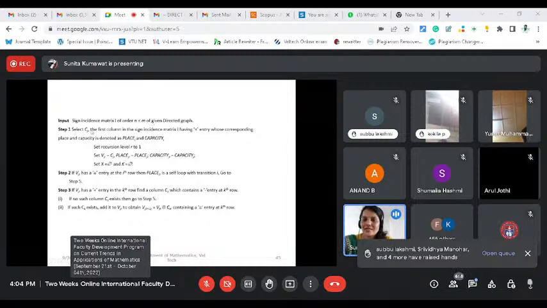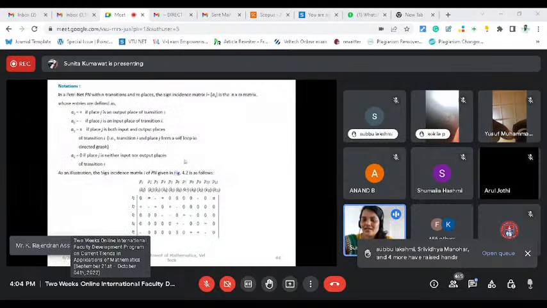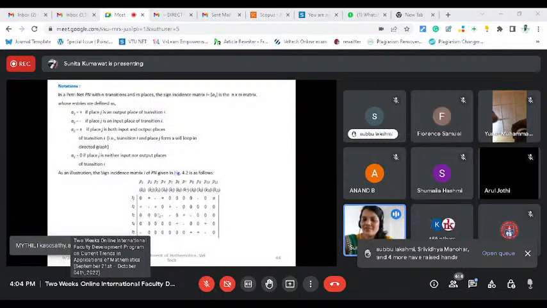Then we select Cj, the first column in the sign incidence matrix I having a plus entry, whose corresponding place and capacity are denoted here. Cj means we have to search out the first column in the sign incidence matrix which has at least one plus entry. So you can see P1 is the first column.